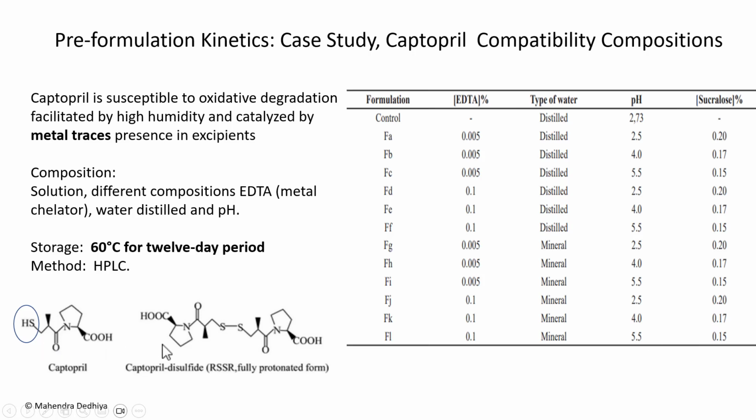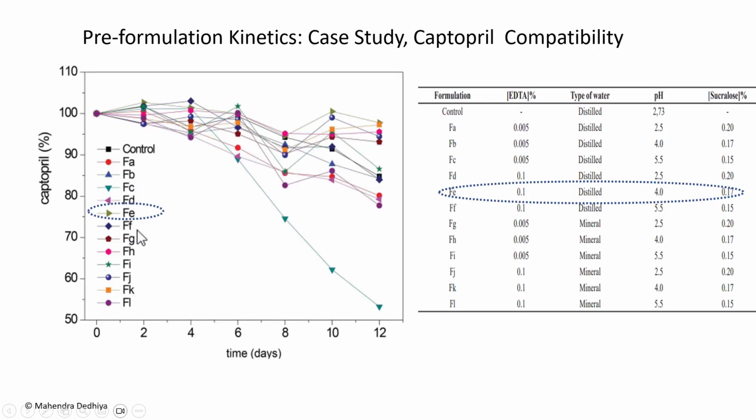Captopril converts to captopril disulfide. This study was conducted at a high temperature, 60 degrees, for a 12-day period. In the graph, the control, shown as a black square, shows degradation of more than 10%.